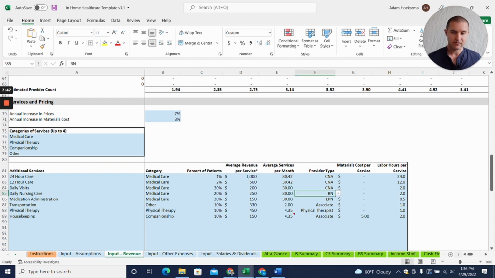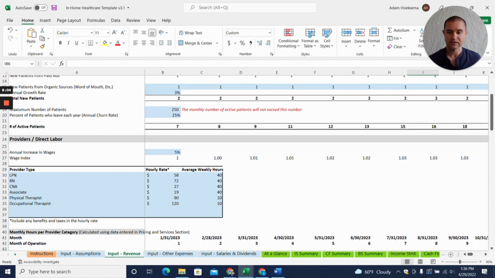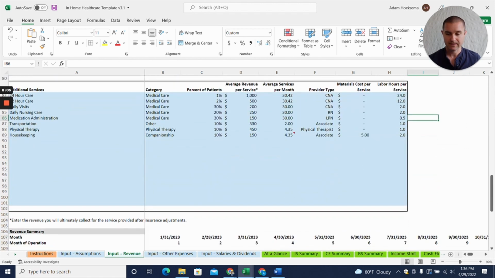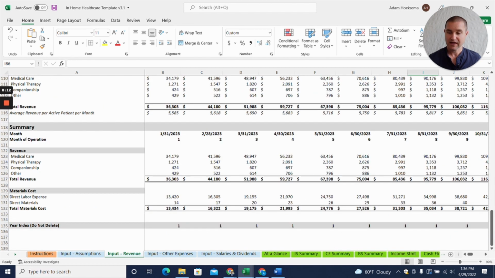So again, by putting in these different provider types and the number of hours that they'll need to work to provide that service, what that allows us to do is calculate, based on these hourly rates, how much the labor cost is going to be to provide these services. And so once we have those assumptions entered, we'll be able to calculate revenue, projected revenue, as well as the direct labor expense for the staffing there.